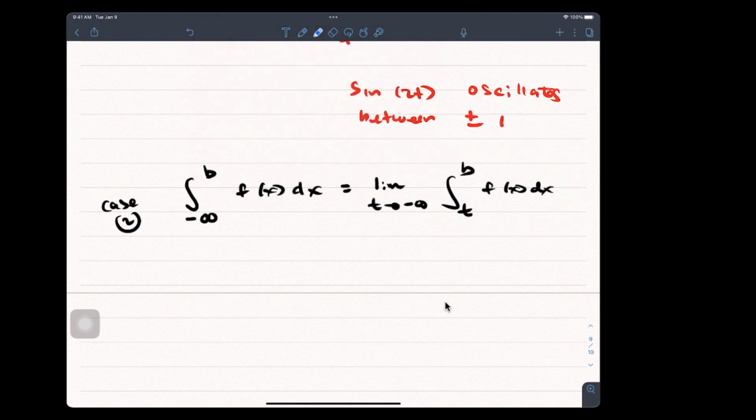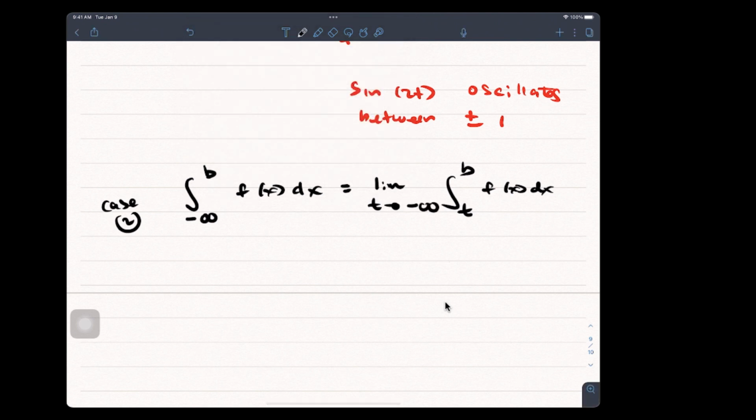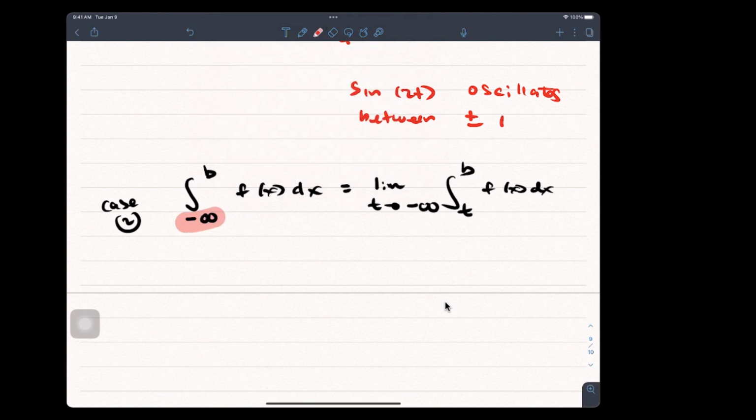So now replace your t with that minus infinity here and make that a limit. If you guys can see that, that's called case 2, and that's your t, the lower limit. Okay, you guys okay with that?